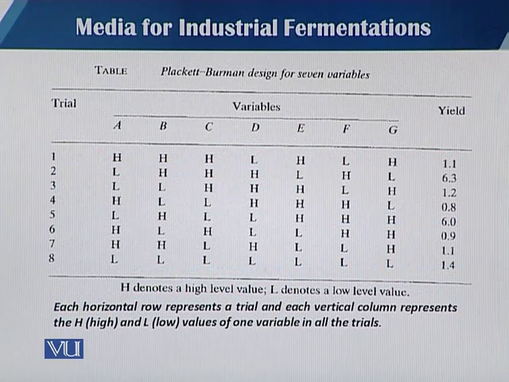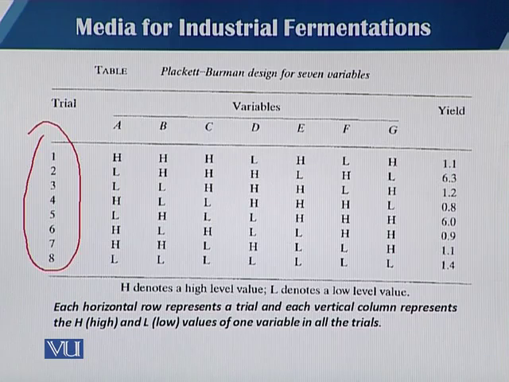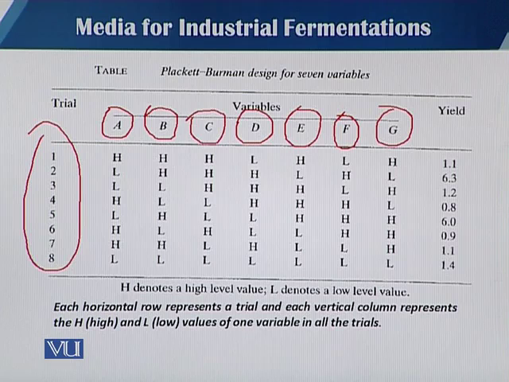In this table you can see that there are 7 different variables and 8 trials: variable 1, variable 2, variable 3, variable 4, variable 5, variable 6 and variable 7. E and G are the dummy variables because they are not the significant variables we have planned in our experiment.